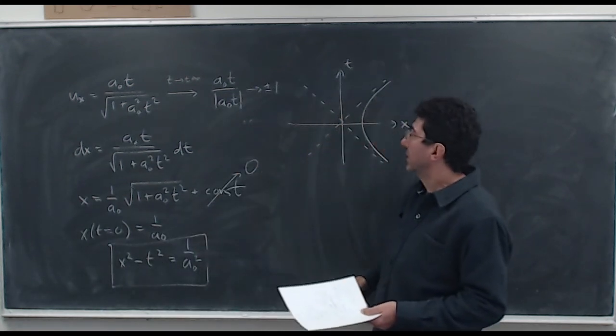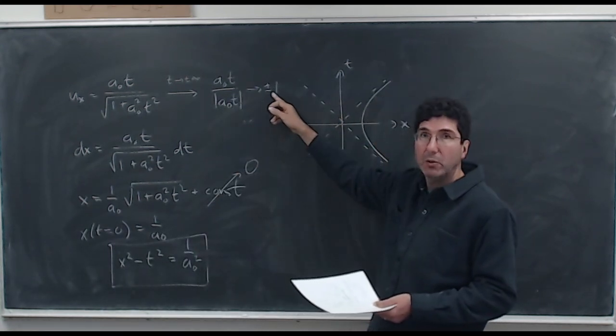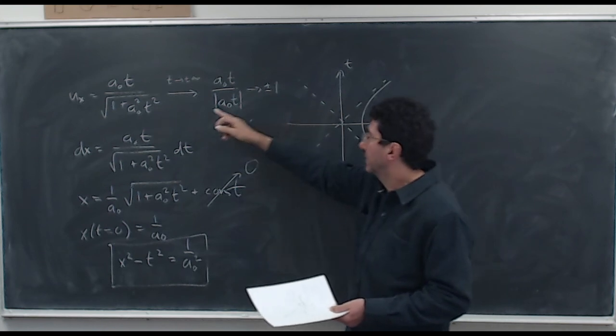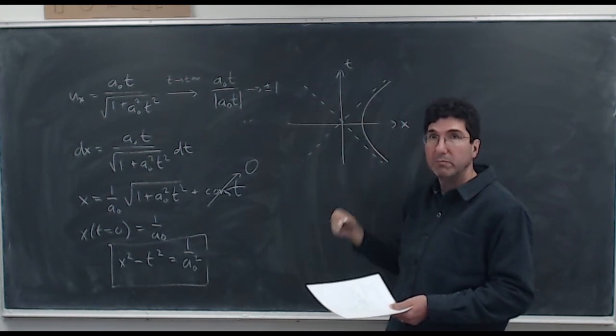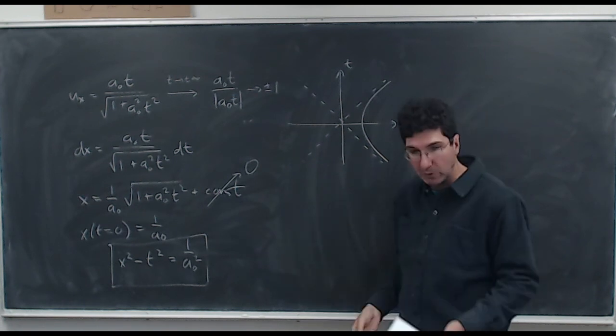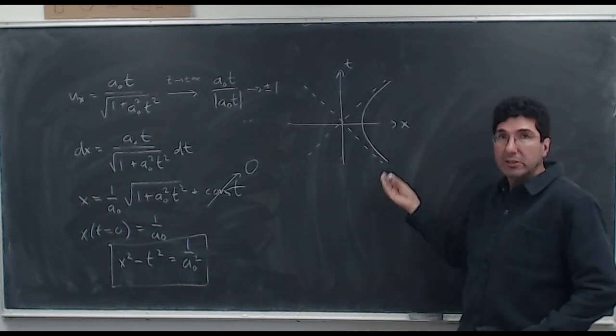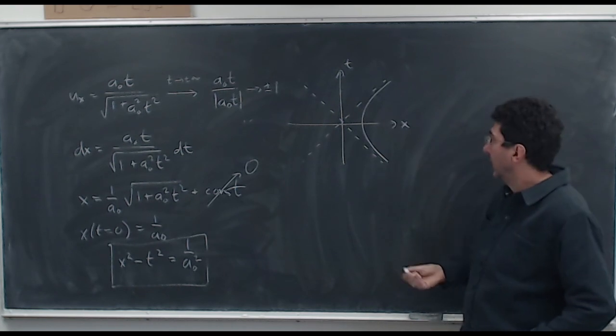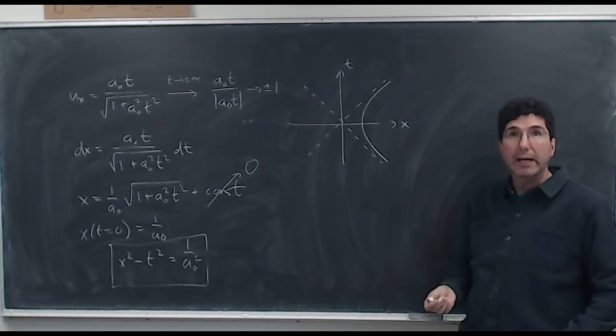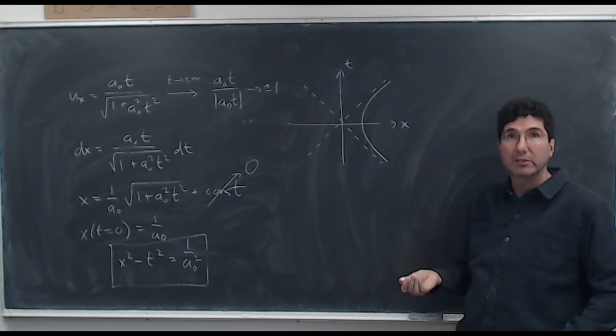So as t goes to plus infinity, the velocity goes to 1, namely the speed of light. As t goes to minus infinity, it goes to minus 1, namely the speed of light in the opposite direction. And so this is the kind of motion that you already studied in one of your homework problems. And now we understand the sense in which it corresponds to constant acceleration.